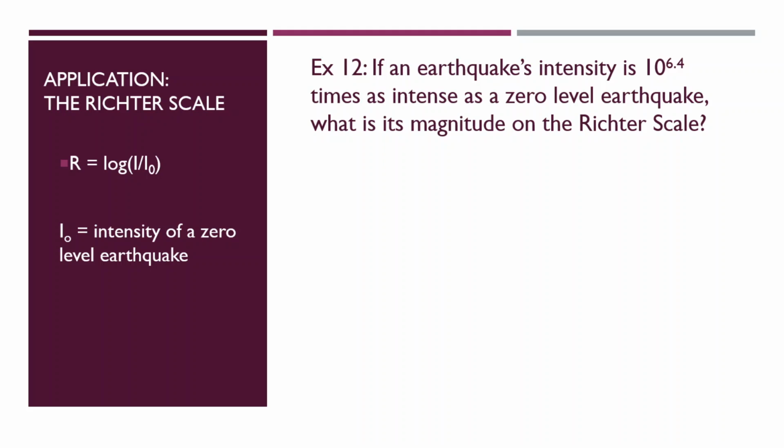So if the earthquake's intensity is 10 to the 6.4 times that of a zero level, then the magnitude on the Richter scale is going to be the log of 10 to the 6.4 times the zero level, and then we put it in ratio to the zero level.